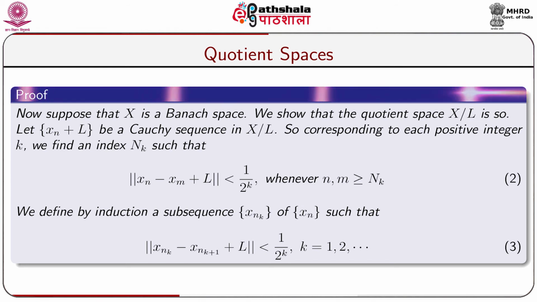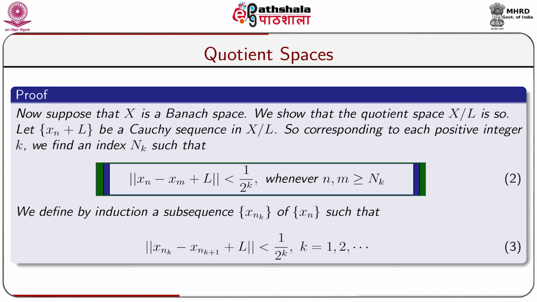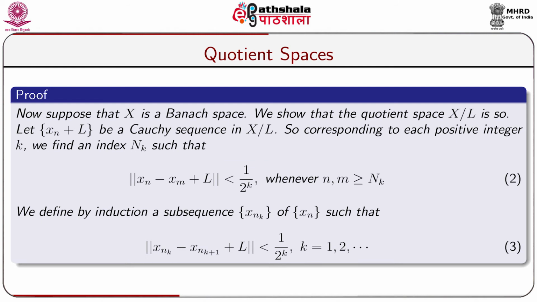So, let us start with a Cauchy sequence. We have assumed that the sequence xn plus L is a Cauchy sequence in X by L, because xn plus L is an element of X by L. So, corresponding to each positive integer k, we can find an index nk such that norm of xn minus xm plus L is less than 1 by 2 to the power k whenever n comma m are greater than or equal to nk.